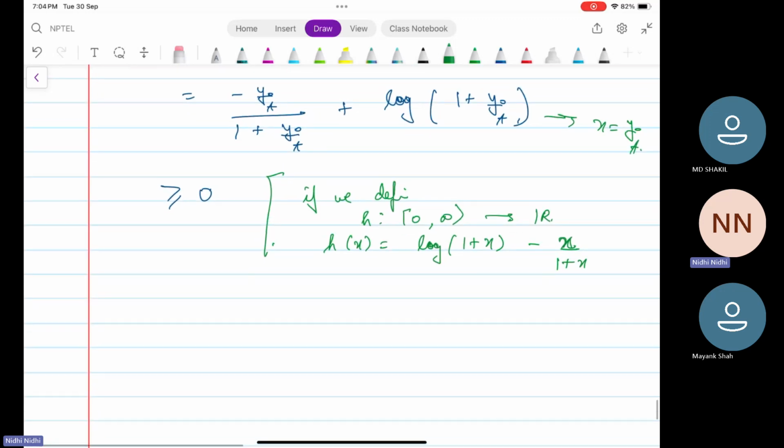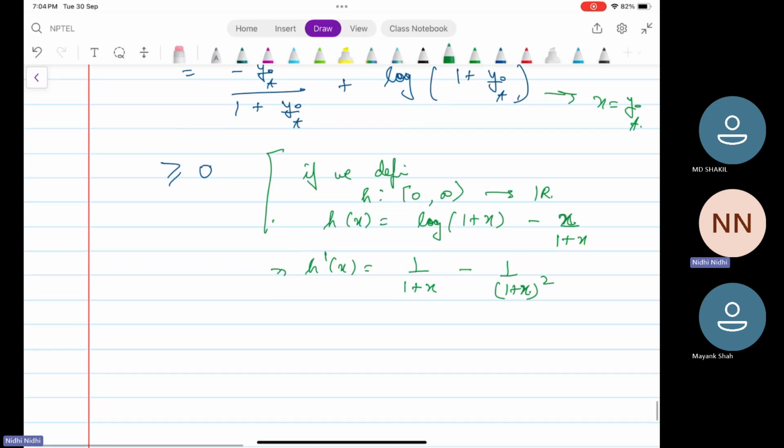We'll see how this will be useful. So the derivative of this function is 1 upon (1 + x) minus, and eventually this will turn out to be 1 upon (1 + x) squared. You can just use the rule of differentiating.